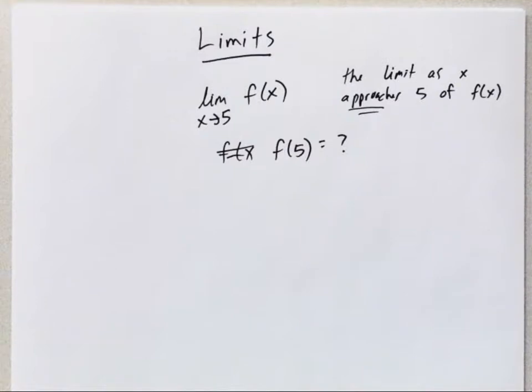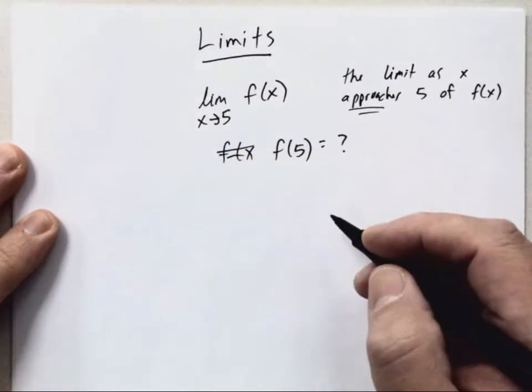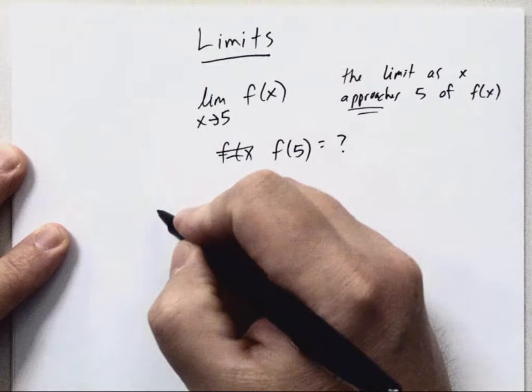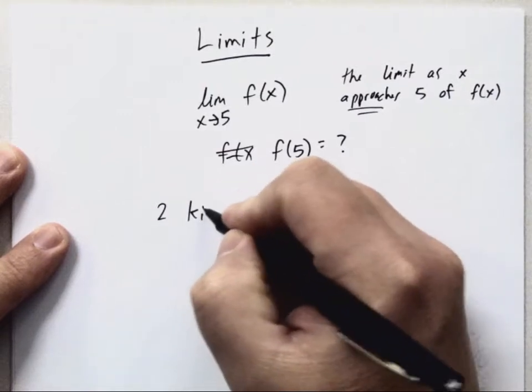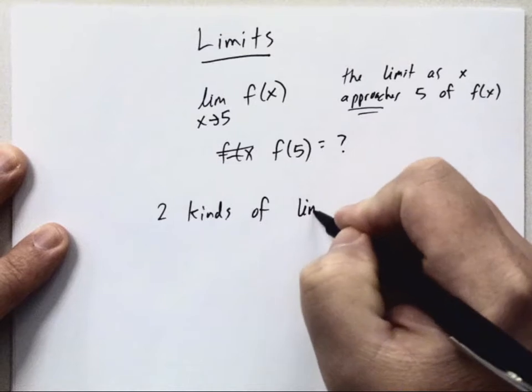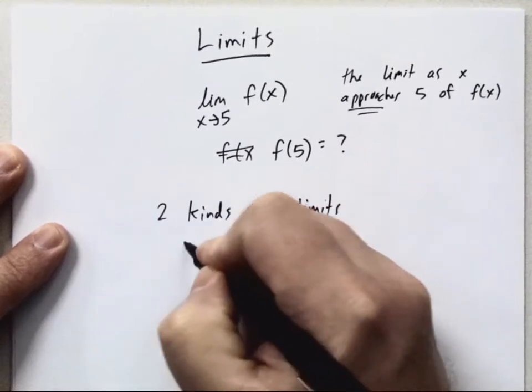So a natural question might be, what's the purpose of limits and why do we use limits? Now really, in these next couple of videos that I'm going to prepare, I'm going to look at two different kinds of limits.